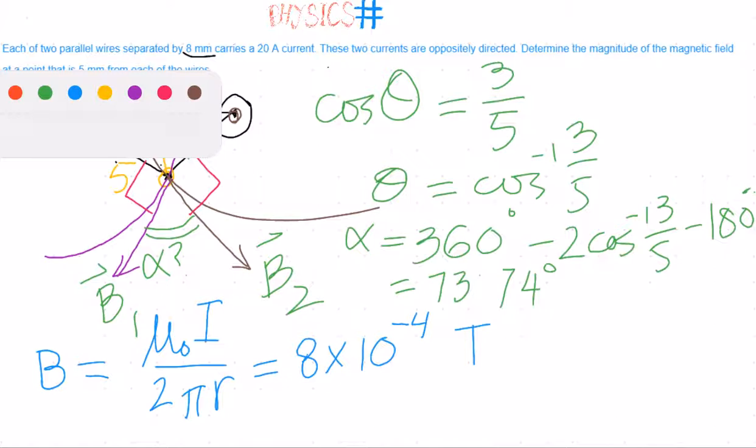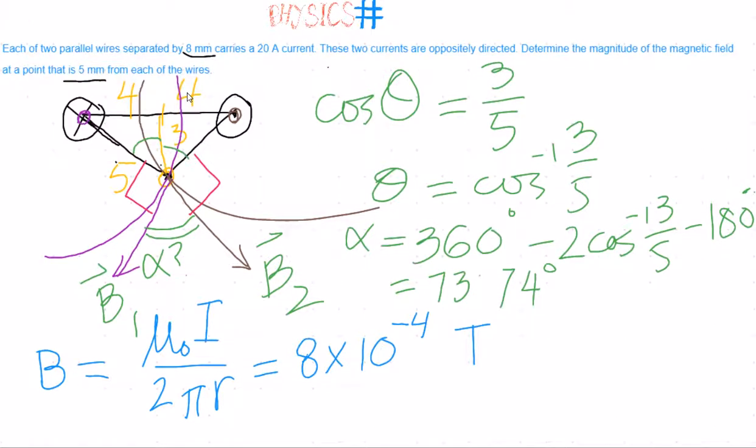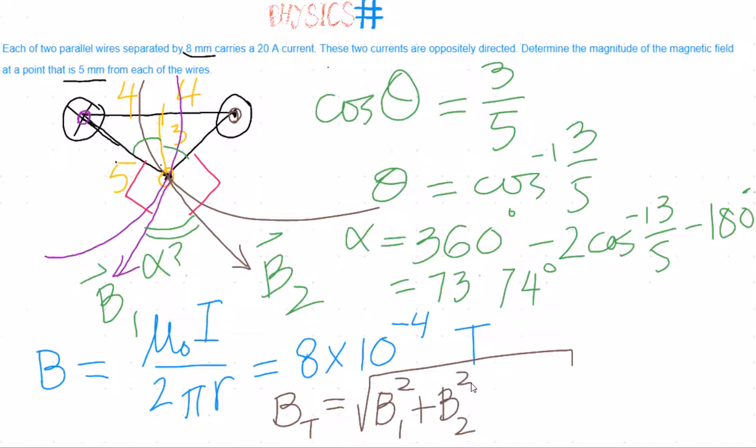The formula for adding two vectors where the angle is known is, if I call the total B subscript T, equal to the square root of B1 squared plus B2 squared plus 2 times B1 B2 times cosine of the angle between the two vectors, which we called alpha, and then the square root.